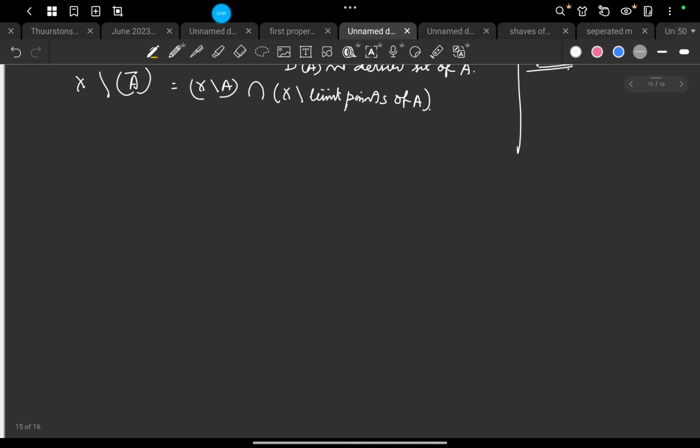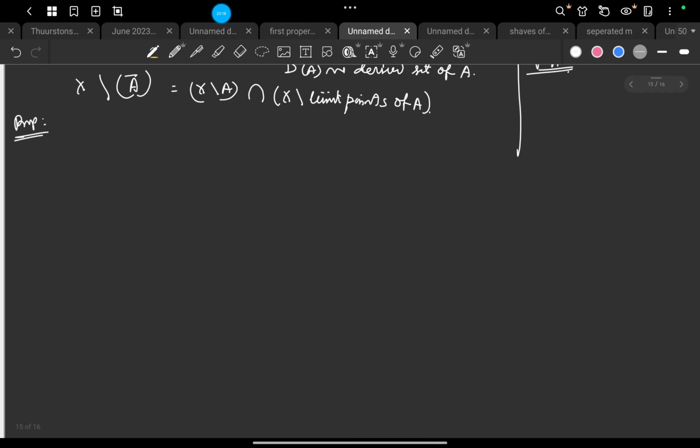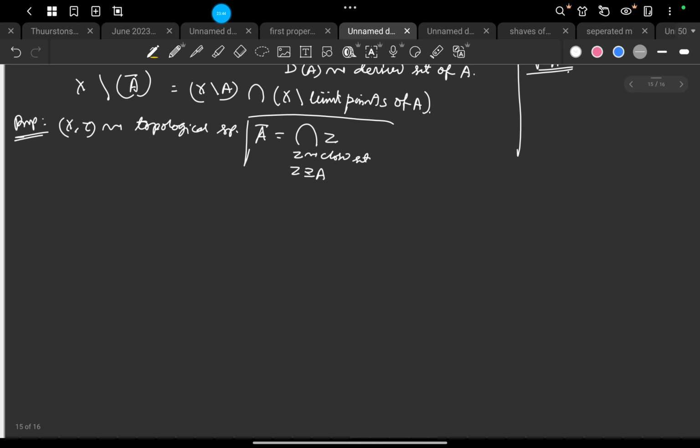There is a proposition that says: suppose X, tau is a topological space, then A closure equals the intersection of all Z, where Z is a closed set and Z contains A. That is, the intersection of all the closed sets that contain A. It's an exercise, you can check it on your own.